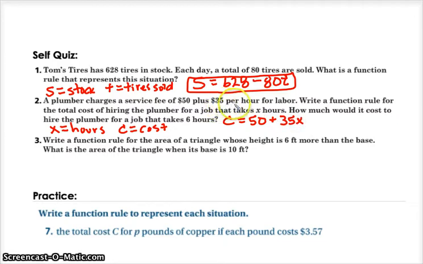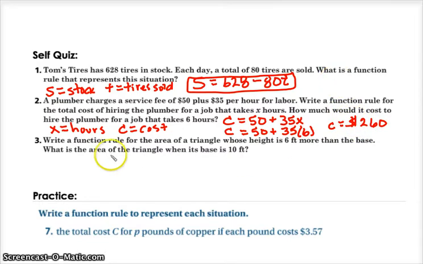Remember that per means multiplication, so per hour, 35x. If the job takes 6 hours, the cost is going to be 50 plus 35 times 6, so the total cost ends up being $260.